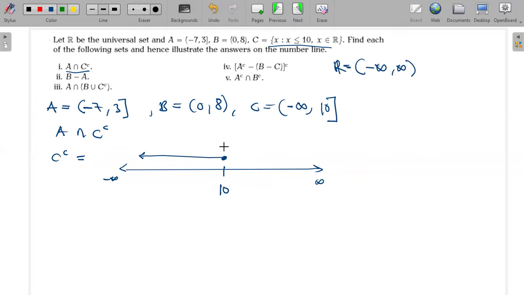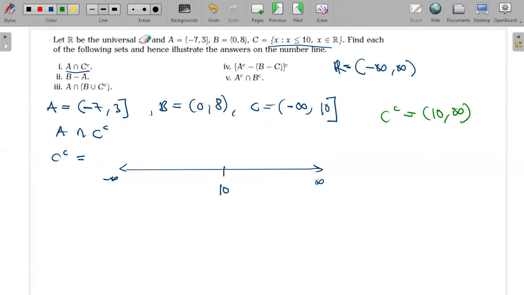It will be outside C. So in the complement, it's going to be open and go that way. So this in green is my set C complement, which is just from 10 to positive infinity.